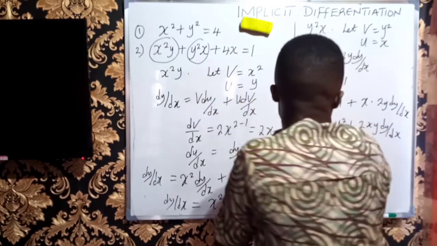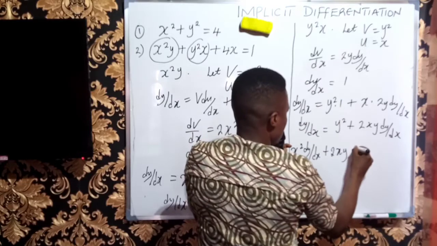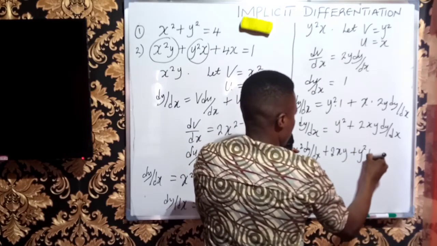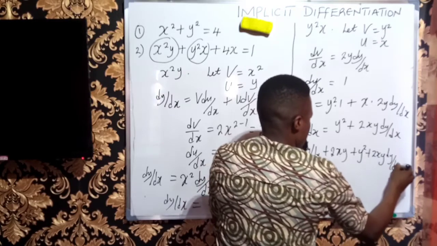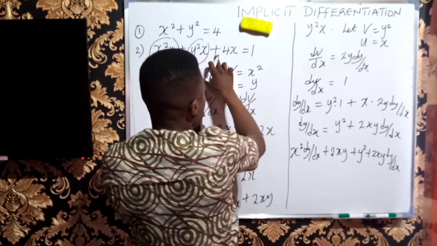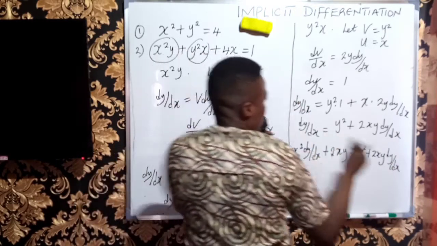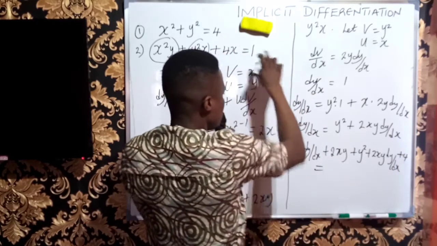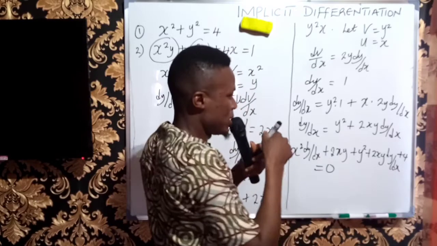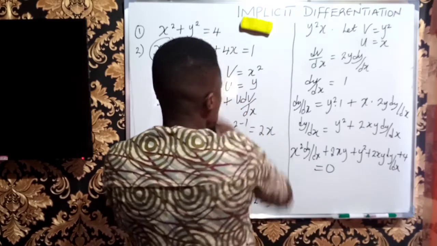Seeing y squared x, I'll put plus y squared plus 2xy dy/dx. If I differentiate 4x here, I'll get 4, plus 4 equal to, differentiating a constant, I'm getting a 0.